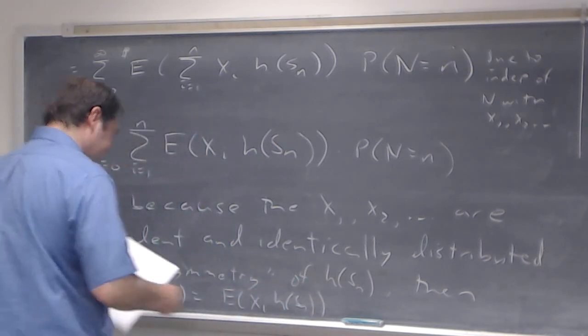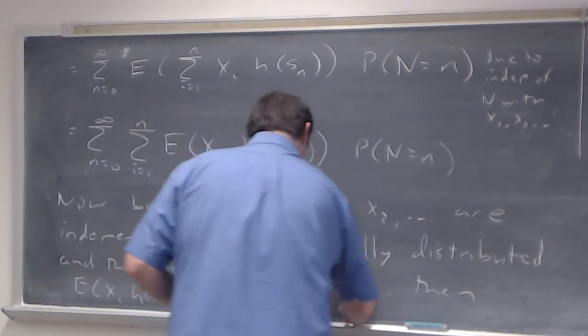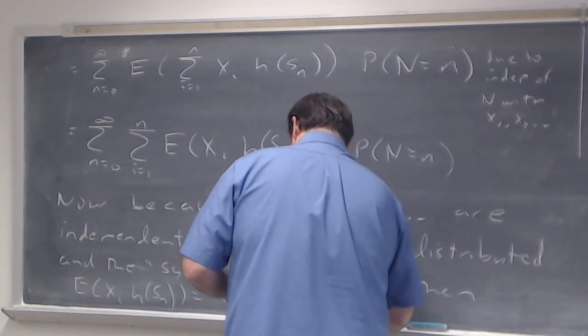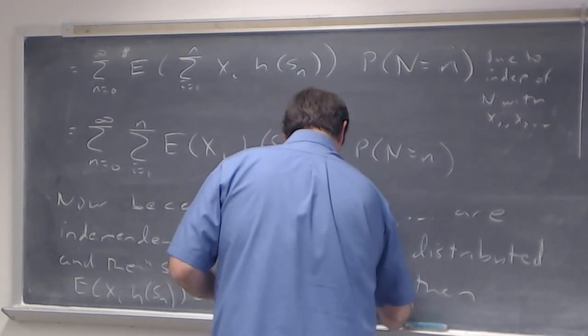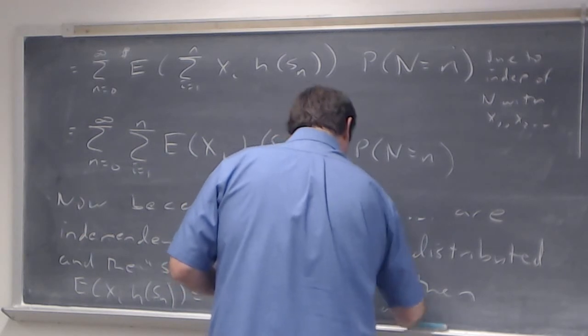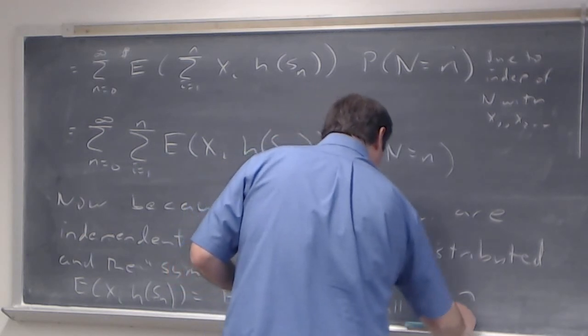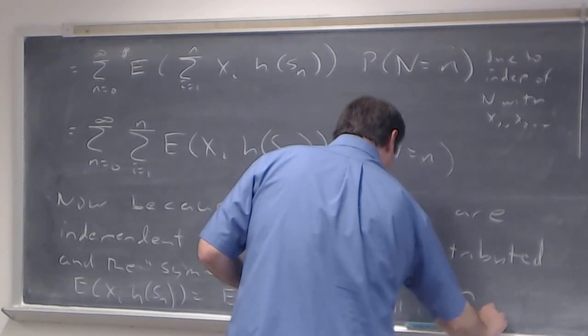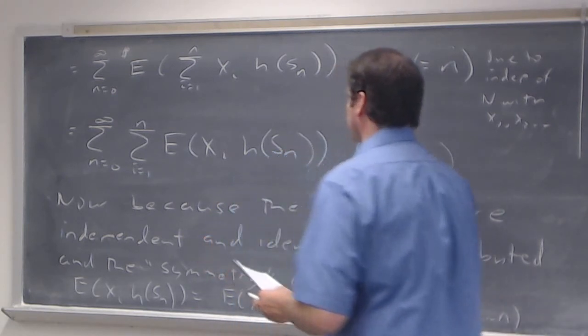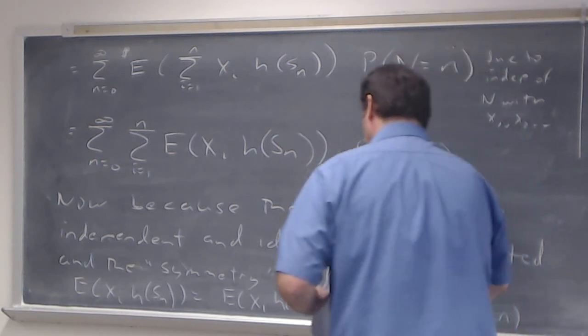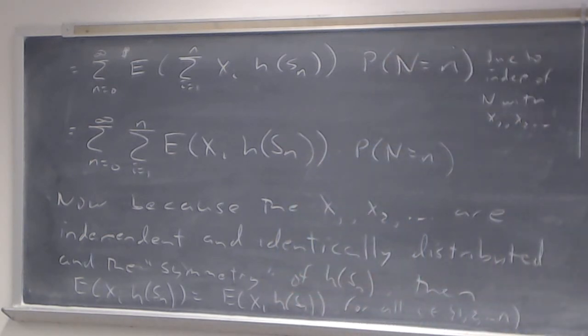Okay? And this is for all I element of 1, 2, forever, or up to n, I should say. That's what we're doing. I'd like to explain that a little further.